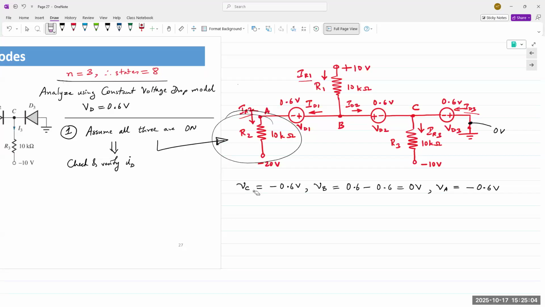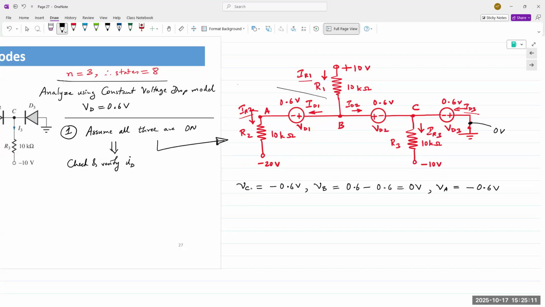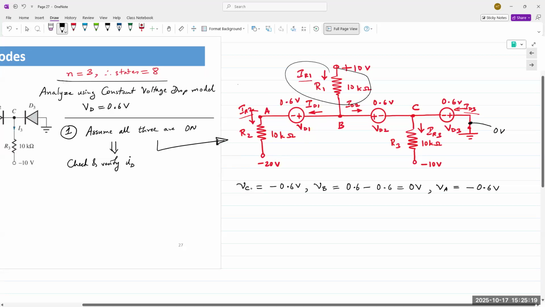So we could possibly calculate IR2 right here. ID1 is going through here, so you could possibly calculate that directly. The other current we can calculate is the current flowing through R1, IR1. So those are the two currents we can calculate. We can also calculate IR3.